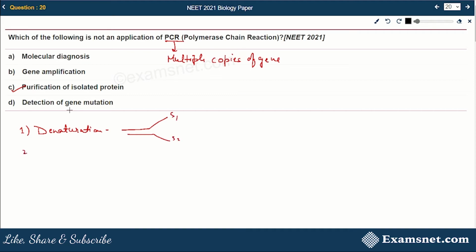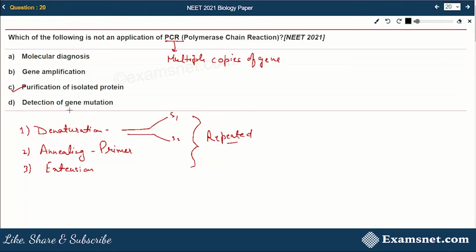In the second step, known as annealing, a primer is annealed or attached at the 3' end of the template strand. And the third step is extension, in which the primer is extended or amplified.